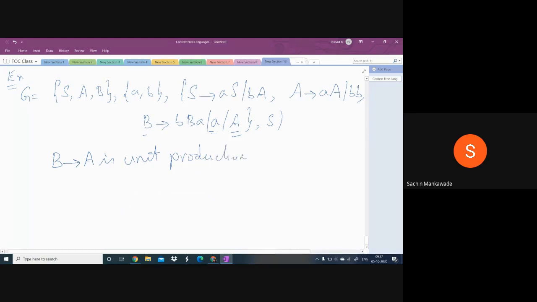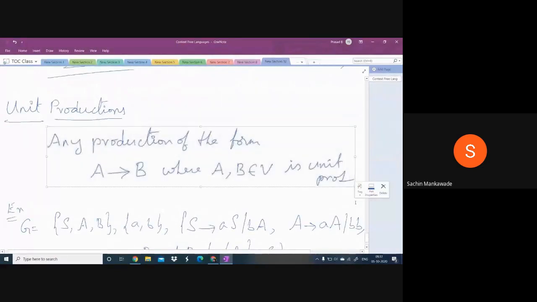Okay, for that, guys, have you taken this definition?